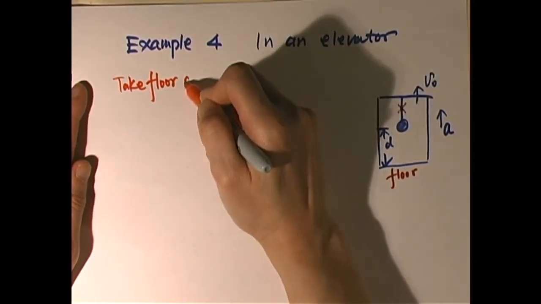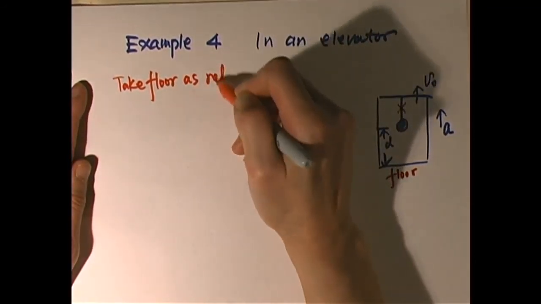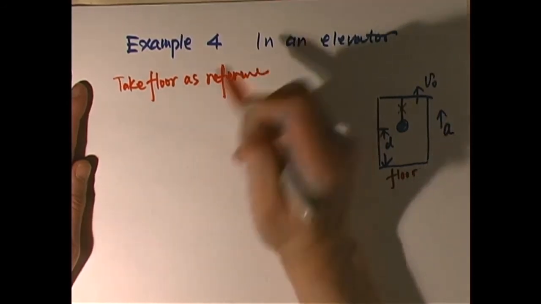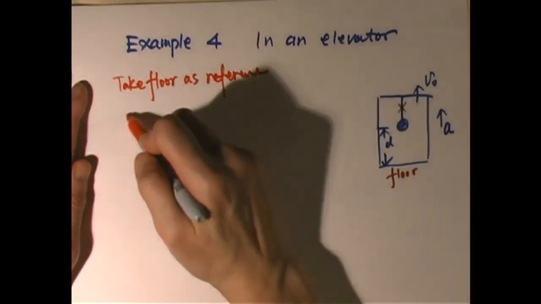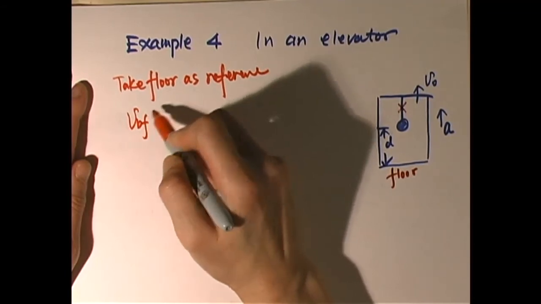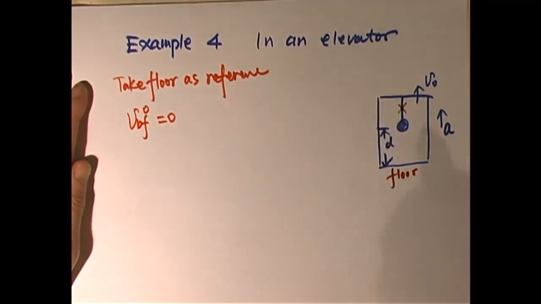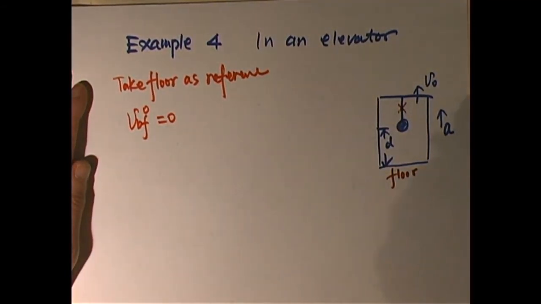If we take the floor as reference, the v ball to the floor initial equals 0, because both have the same initial velocity, so the relative velocity is 0. The distance between the ball and floor is d.